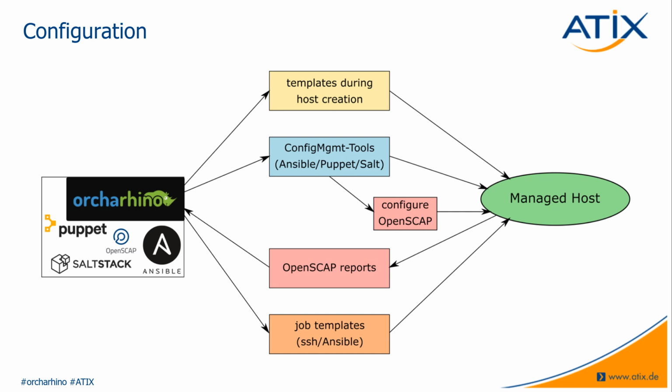Puppet is slightly different. Puppet is a server client system. This means we have a Puppet master, which in general is the orcharhino, but it's not necessary to be an orcharhino. We can also attach an external Puppet master and tell the master to push the reports and the facts to orcharhino.